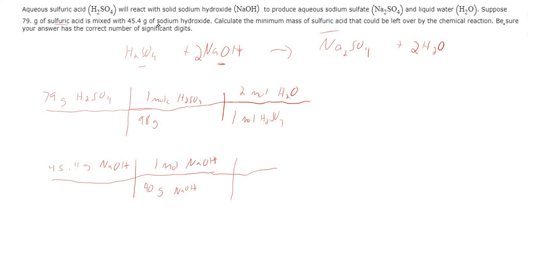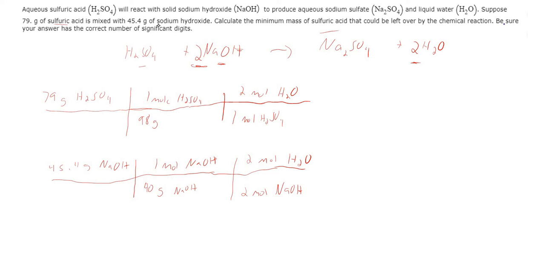And so I know, just looking at my equation, for every 2 moles of sodium hydroxide, I make 2 moles of water. The process is convert to moles, then do the stoichiometry.